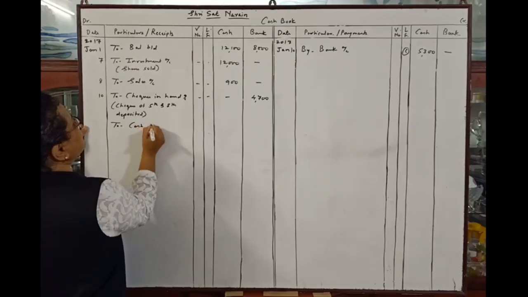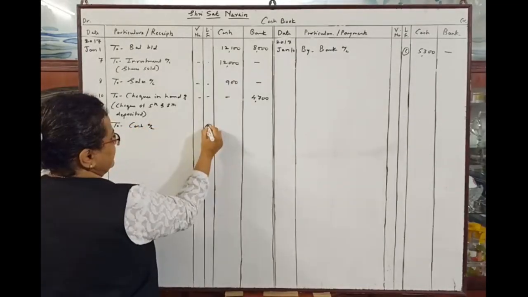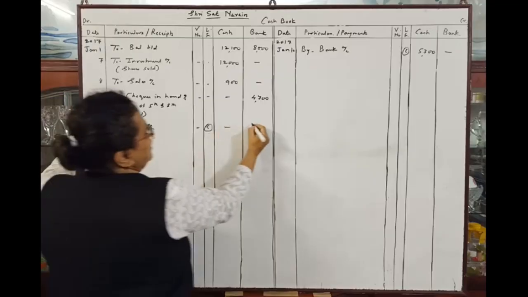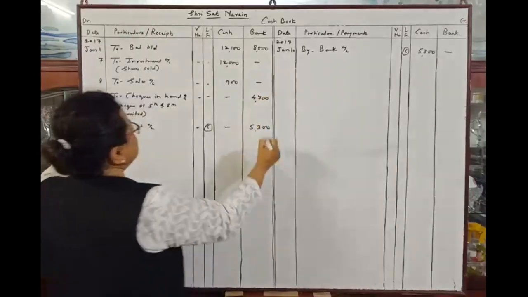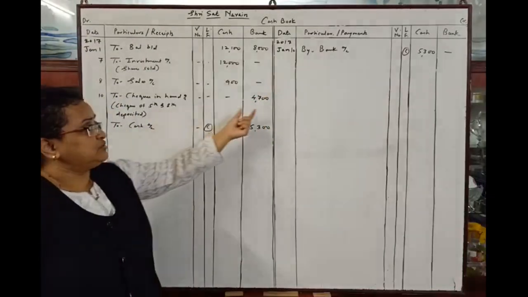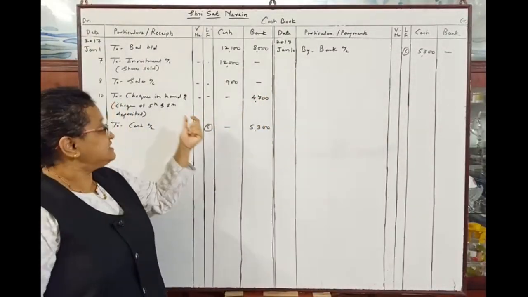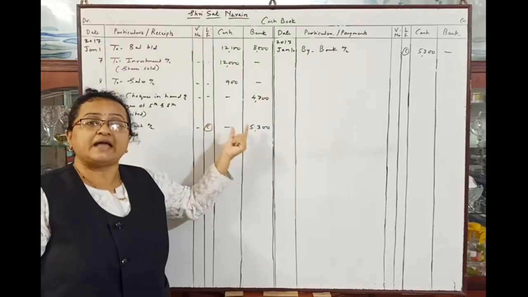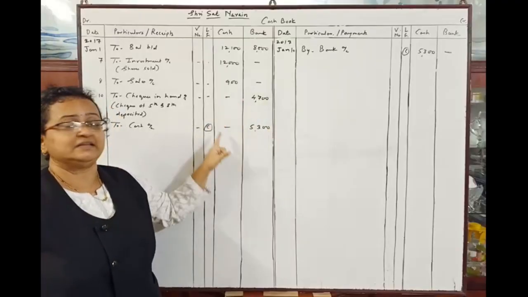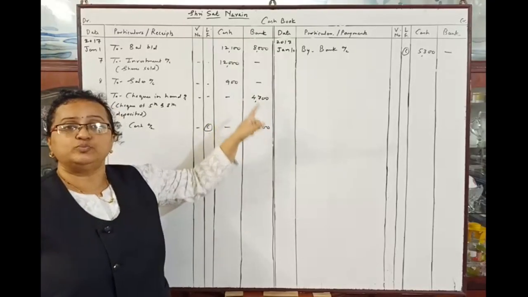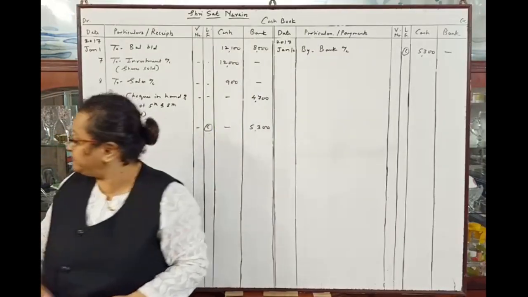So to cash account contra entry and in bank column 5,300. So total amount deposited is 10,000. 4,700 in the form of checks and 5,300 cash deposited into bank. Total paid into bank, that is deposited into bank, is rupees 10,000. Okay, next.